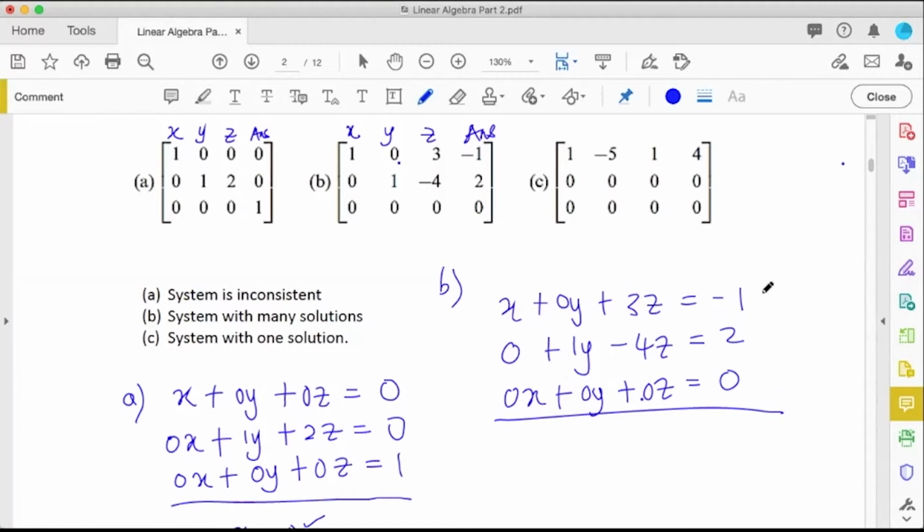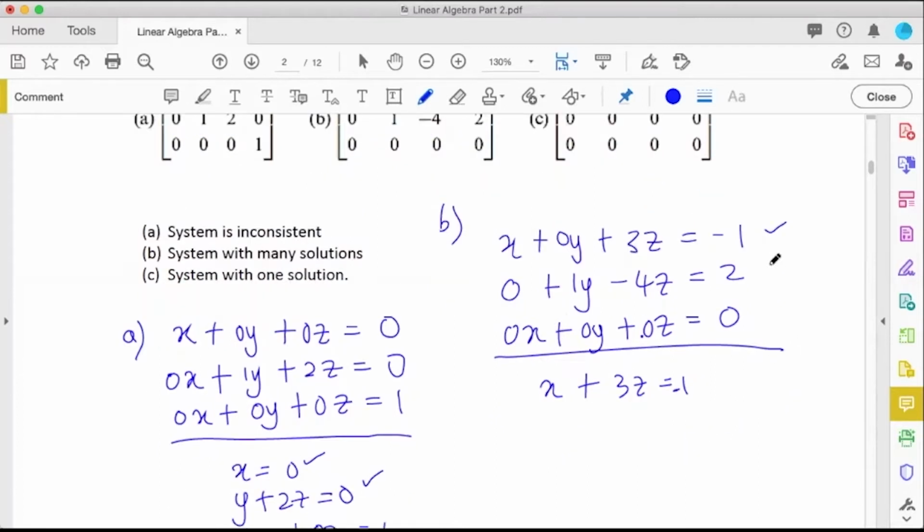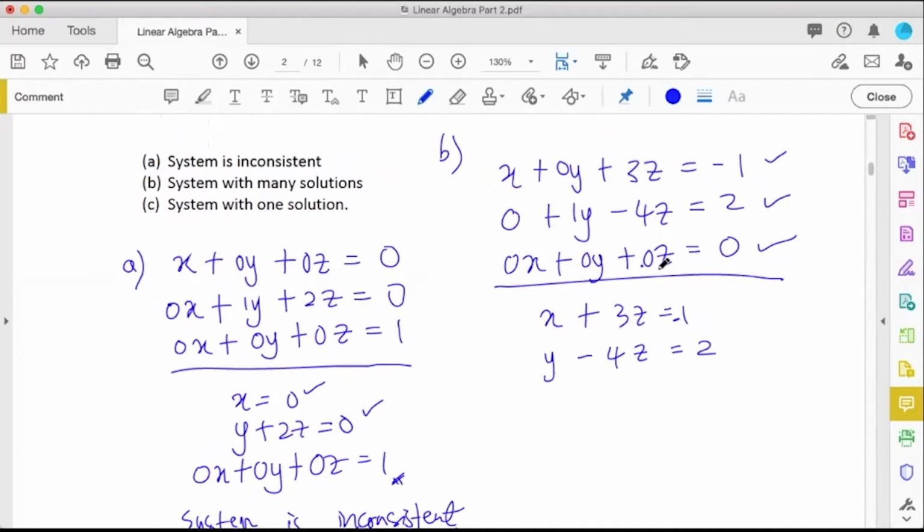So we can write x plus 3z equal to negative 1, and for the second equation, y minus 4z equal to 2. The third equation is fine because we got 0 equal to 0, so we just leave it at that.